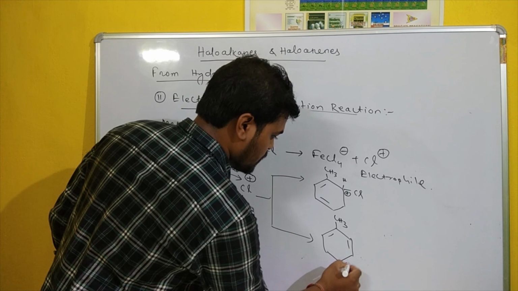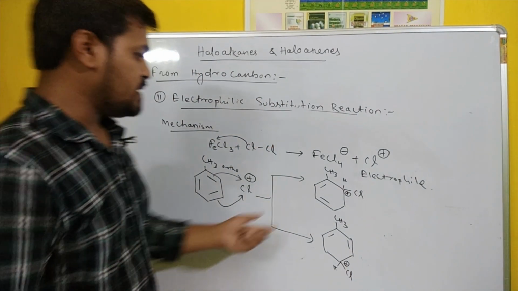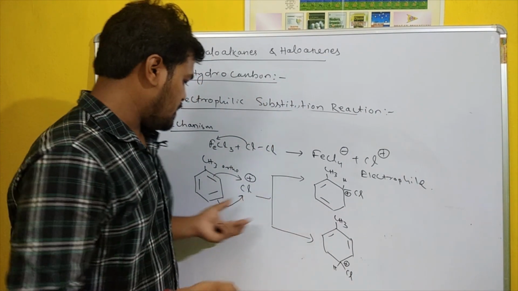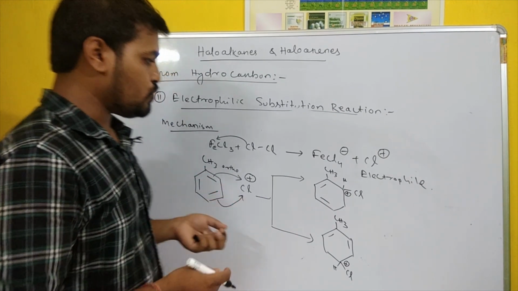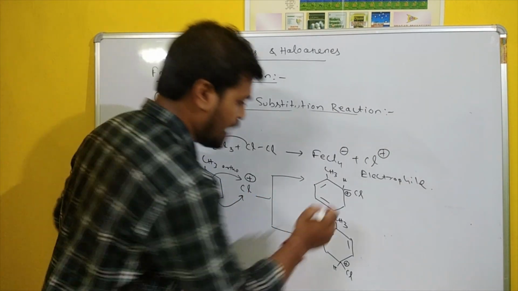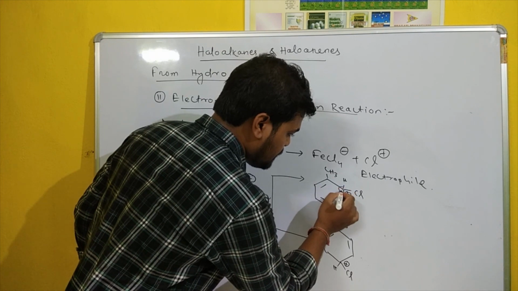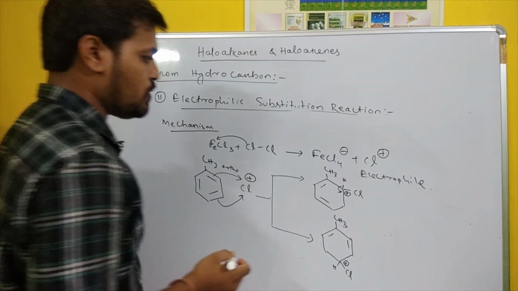This is also plus. Here benzene loses its aromaticity. So to retain that aromaticity, that hydrogen atom gives those 2 electrons and leaves as a plus ion.